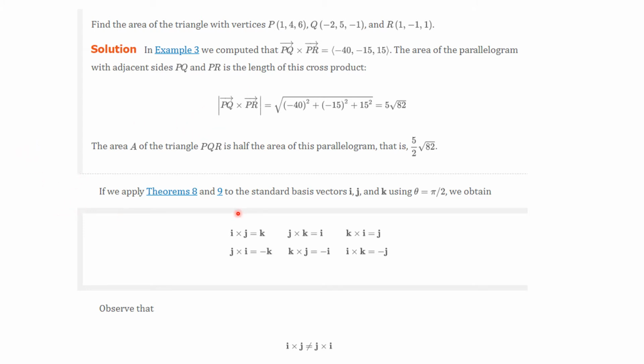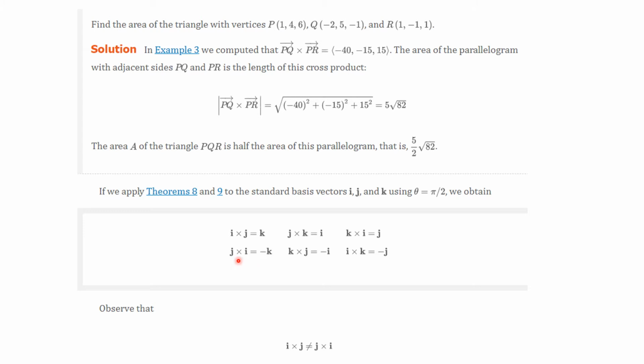Okay, now it is important that you realize that when you're dealing with these fundamental unit vectors, i, j, and k, that the cross product of them, and we're using the right-hand rule here, is that i cross j is k, and so on and so forth. You don't have to commit these to memory, but you do have to readily come up with these.